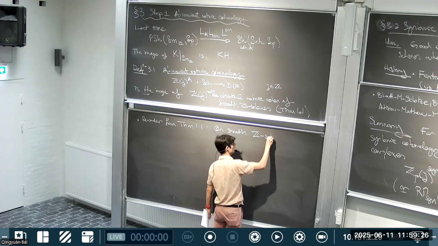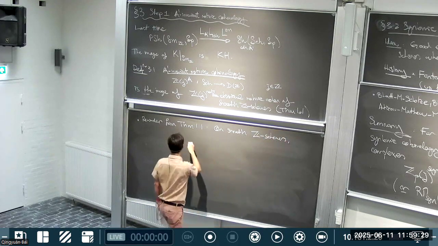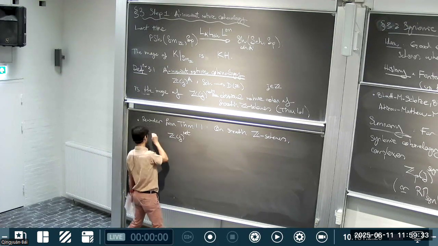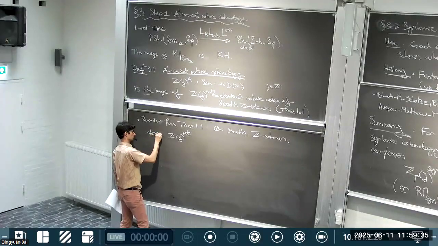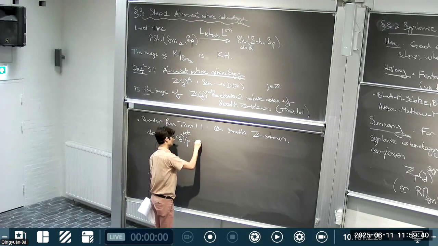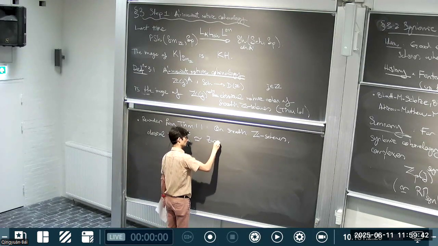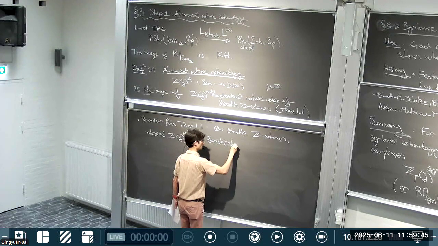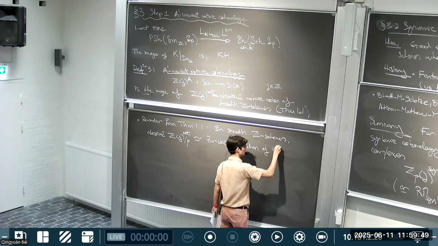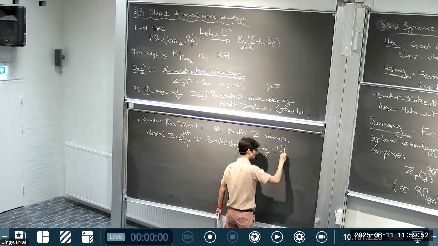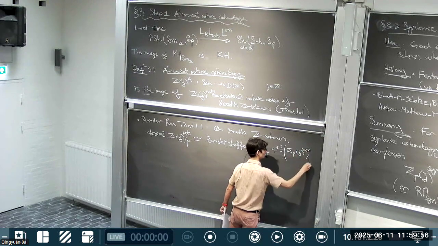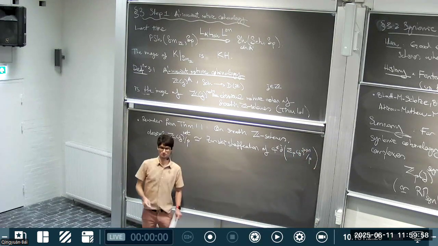On smooth Z schemes, this classical motivic cohomology mod p is given by the Zariski sheafification of this truncation of syntomic cohomology.